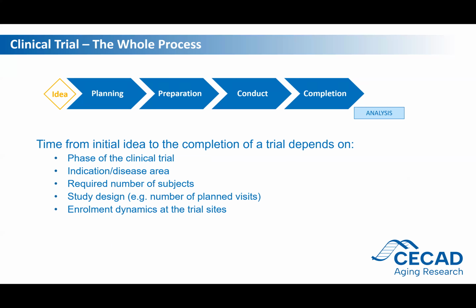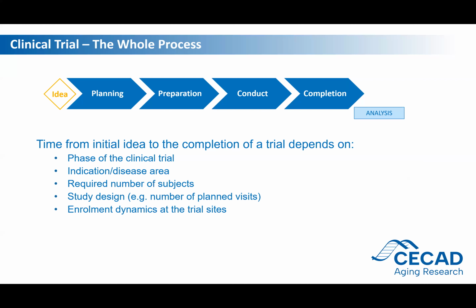So at what phase do you start with your work? What is the indication and disease area? If it's very slowly progressing, of course, we need a longer clinical trial overall compared to a very brief event that can be assessed, and then we go on to the next. So this is super individual.